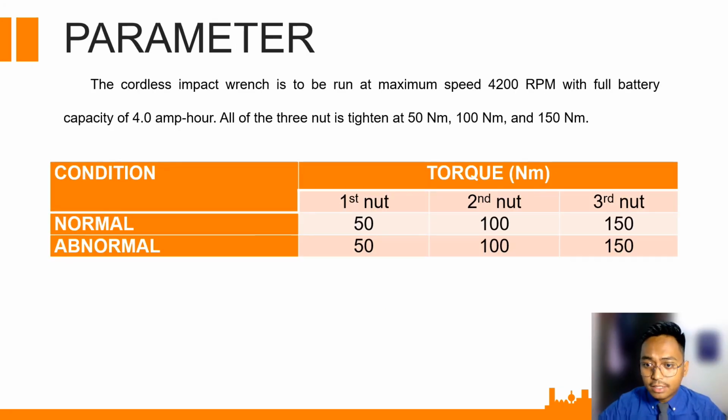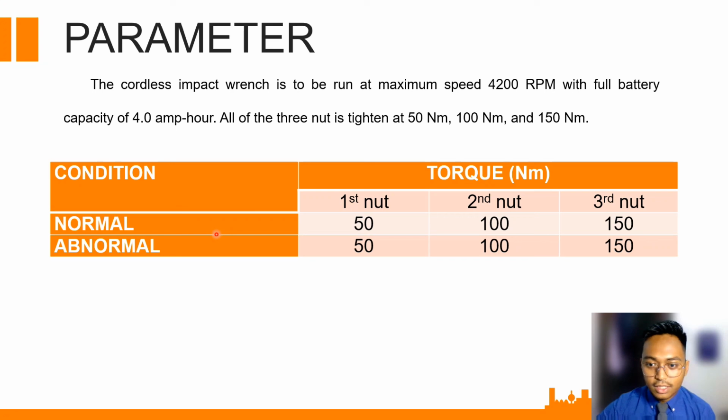For the parameters of the experiment, they are stated here. The cordless impact wrench is run at a maximum speed of 4200 RPM with full battery capacity of 4 ampere hour. Three nuts on the test specimen are tightened at 50 Newton meter, 100 Newton meter, and 150 Newton meter of torque in two conditions.